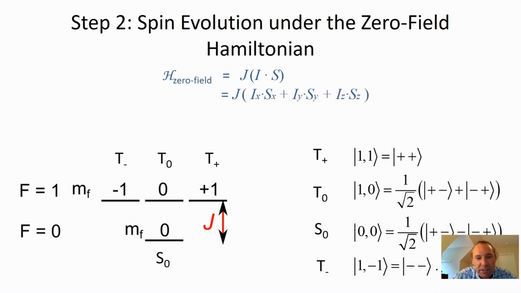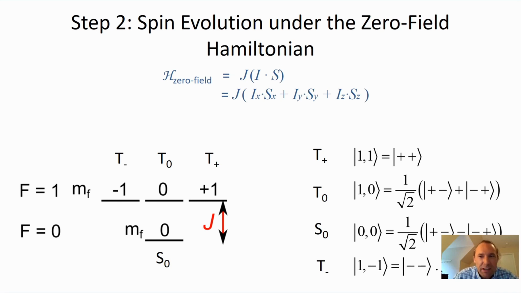T0 would be a linear combination of the up-down state and the down-up state, specifically the sum of those two. The singlet state is the difference of the up-down and the down-up state.